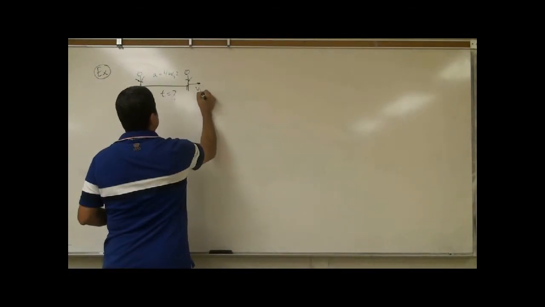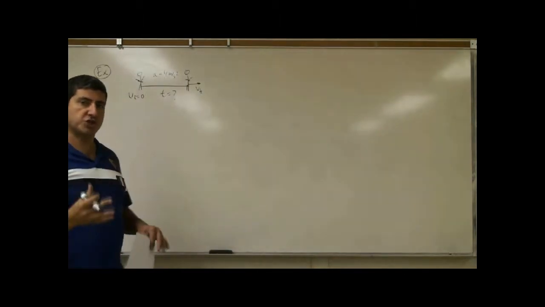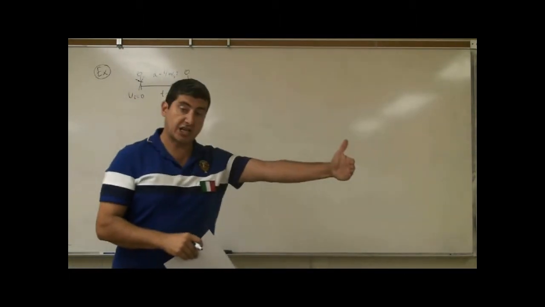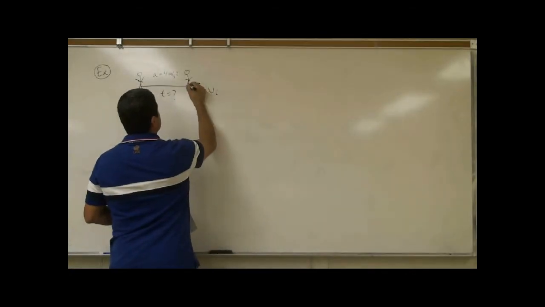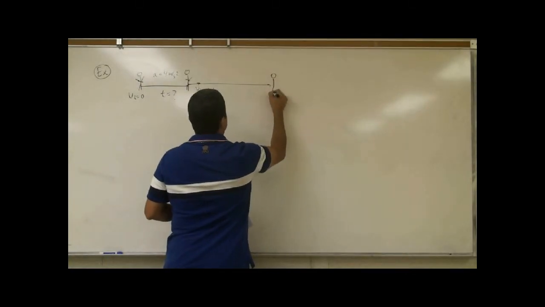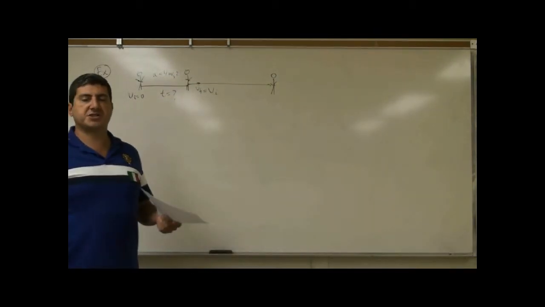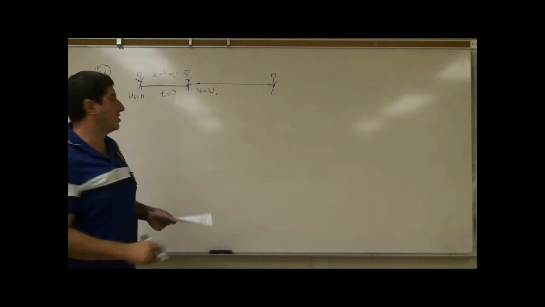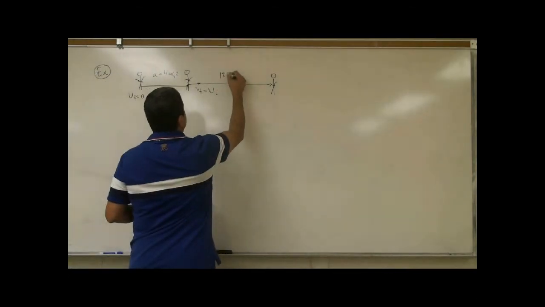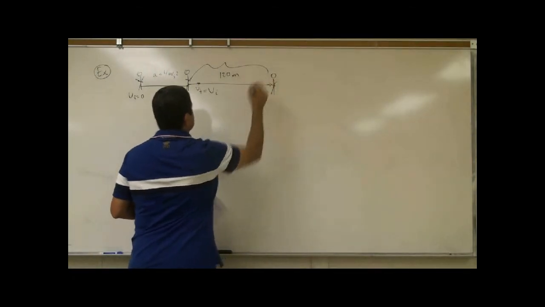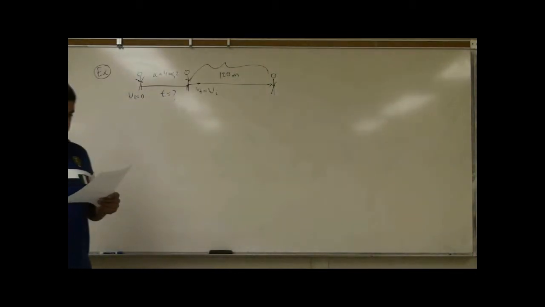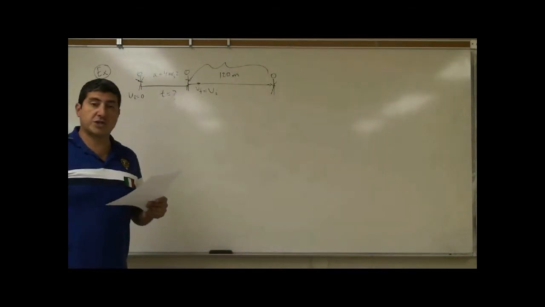V final, which becomes your initial velocity during the next stage of the run. So that V final is V initial. And then she runs at a constant velocity for 120 meters. 120 meters, that's this distance. 120 meters, okay?